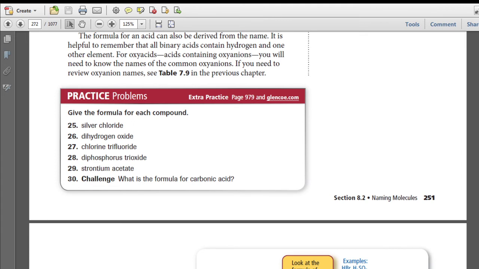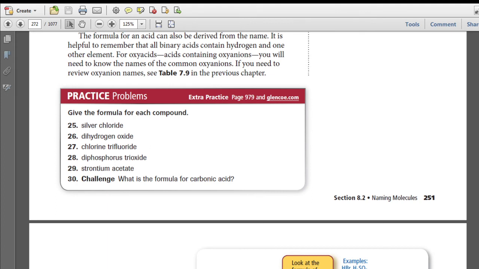So the formula for 25 would be AgCl. Number 26 should read dihydrogen monoxide, which would be H2O. Number 27 would be ClF3.